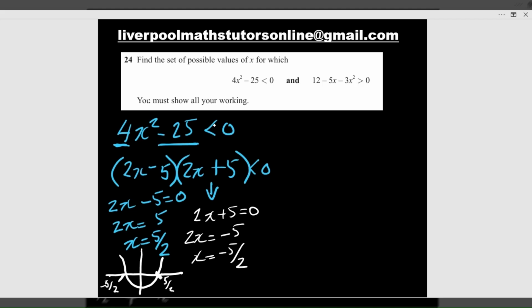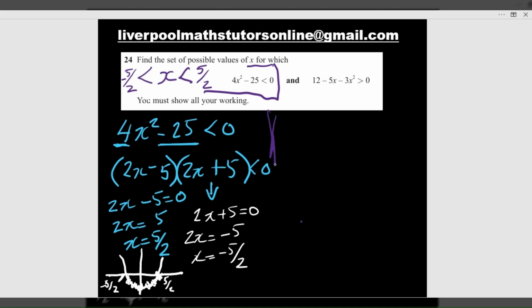Now, because this is under 0, it's smaller than 0, I'm looking at that part of the graph there. So that means that I can now say, I'll just go up and put this answer there. All you've got to do is write it like that. Always start it like that, x, the inequality, and notice it's pointing to the left, minus 5 over 2, positive 5 over 2, and that's that bit there done.